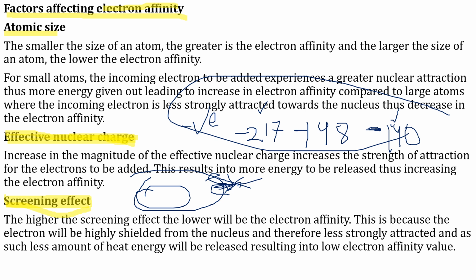Just a reminder, when you are given trends to explain in terms of electron affinity, values are going to be negative. This is just to show you that this is energy being evolved, but negatives shouldn't be applied anywhere. When you're drawing graphs, you should eliminate negatives. You should only consider values.